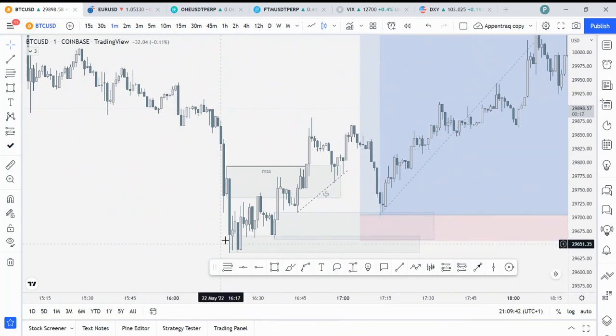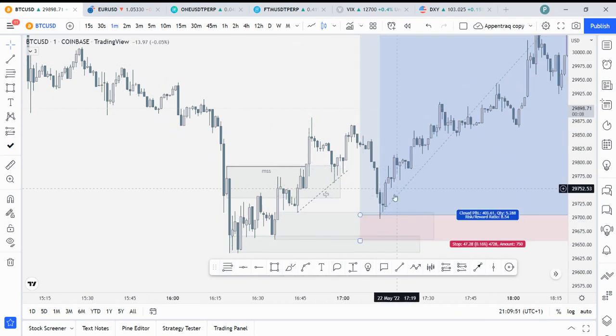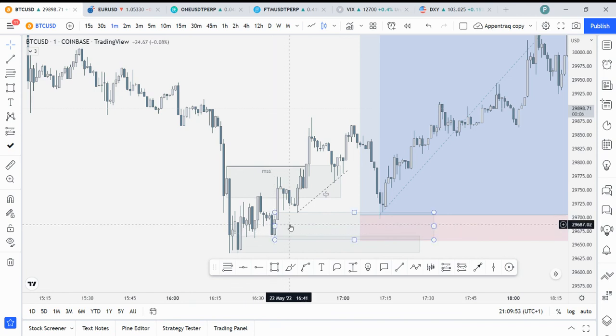So if the decisional zone or the flip zone takes liquidity, or liquidity is built or induced before the zone, then you can be confident to use the decisional zone or the flip zone.